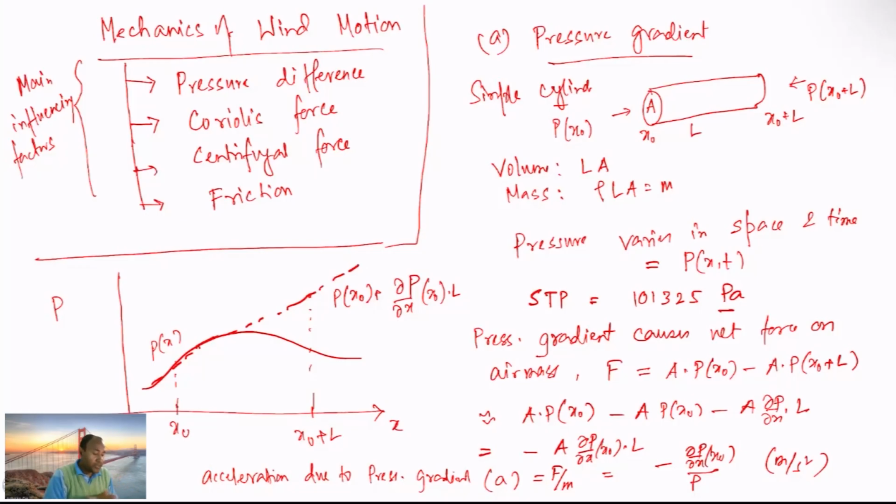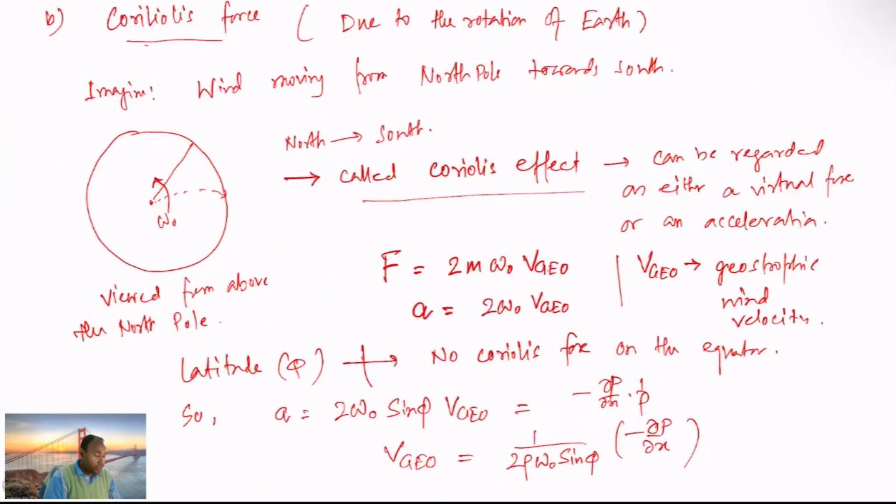So we talked about how pressure gradients impact, and from there we talked again about the Coriolis force, and we got the correlation of the geostrophic wind velocity with that.